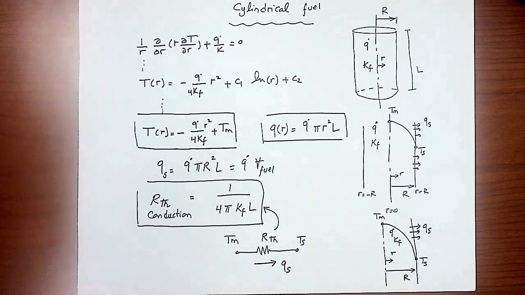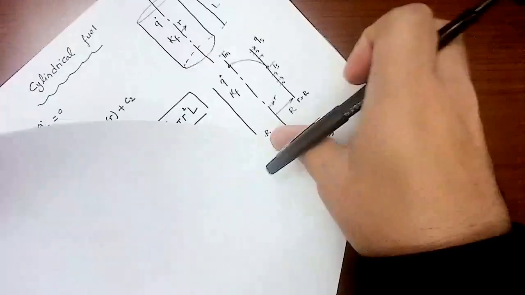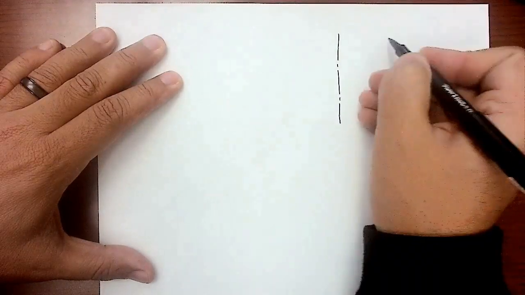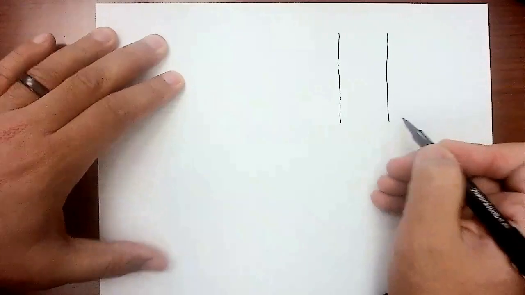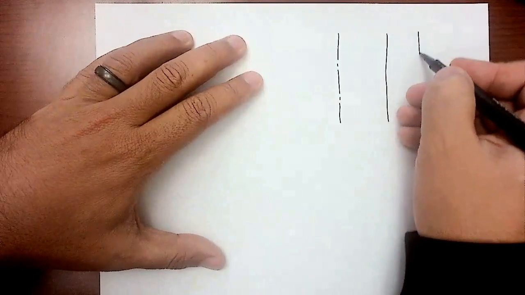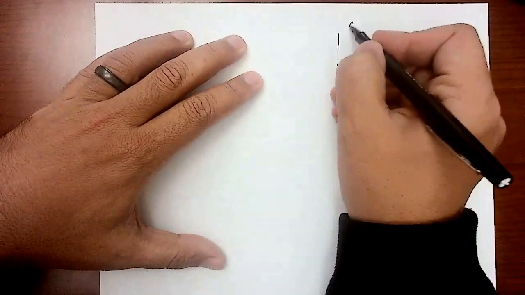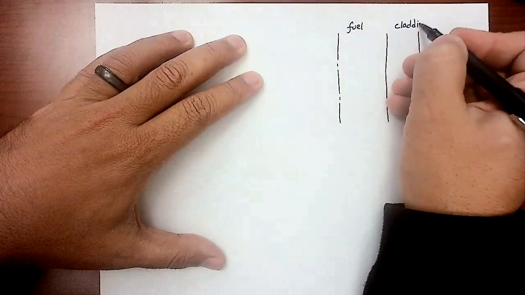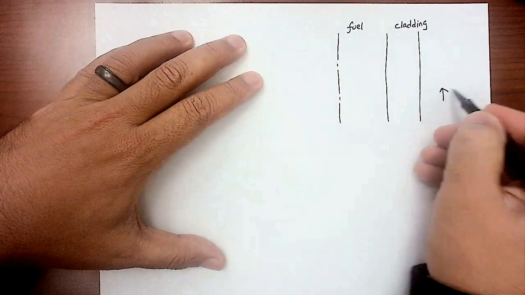So if I give you the following schematic here. This is the fuel. This is the cladding. And I'm surrounded by a coolant.